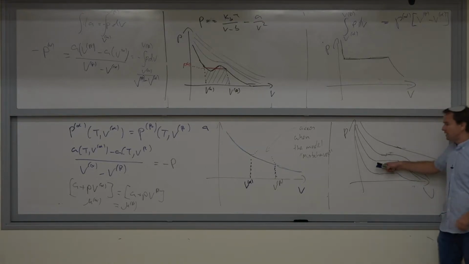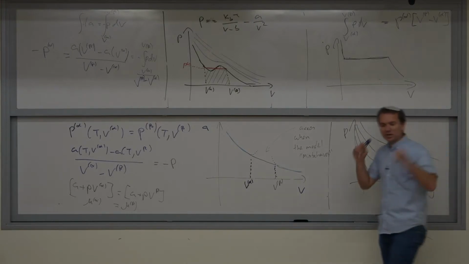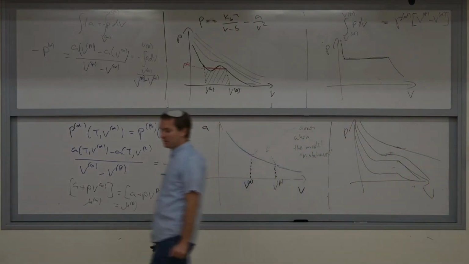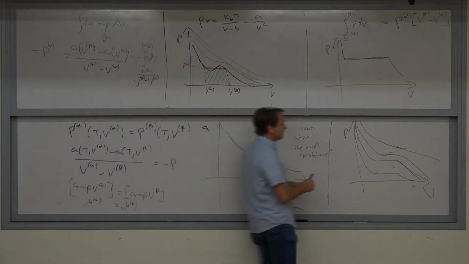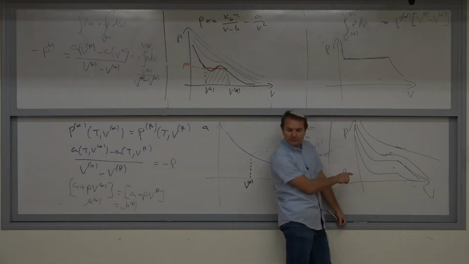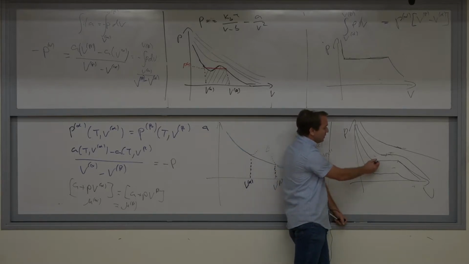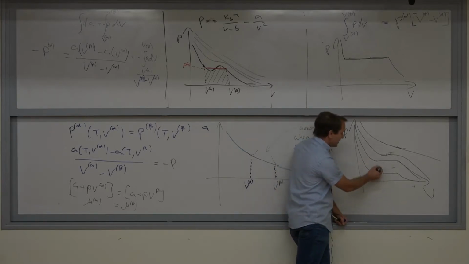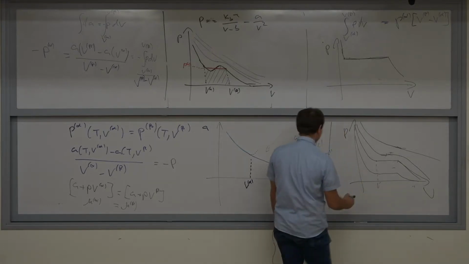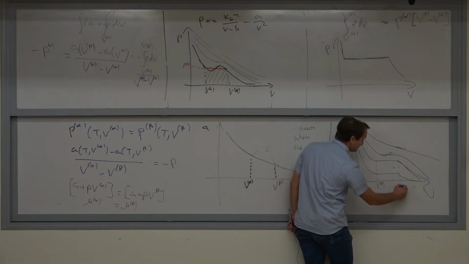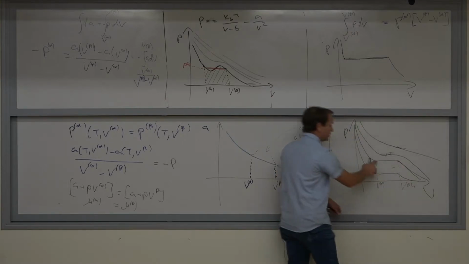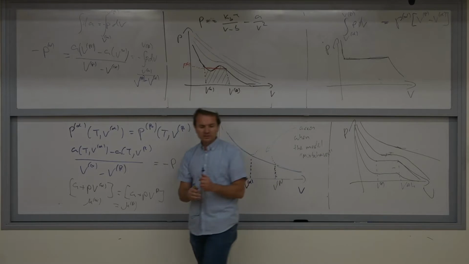What happens over here? Why is the volume not changing in this region? Think about it from a physical perspective. I was in the fluid phase, and I arrived at this point, V alpha, and this is V beta. At this point bubbles start to appear.